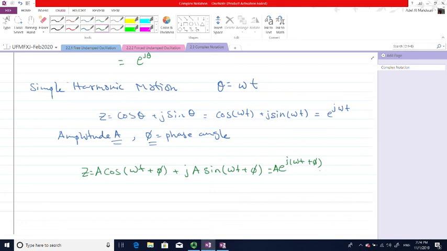So now we are getting a more precise value for that. When we put in the initial conditions, such as time, amplitude and the phase angle, then we can know the exact complex number.